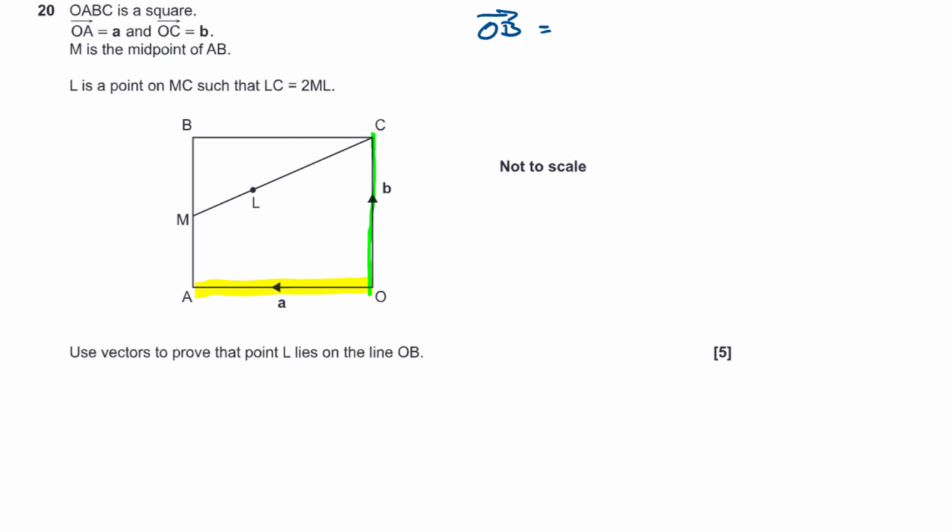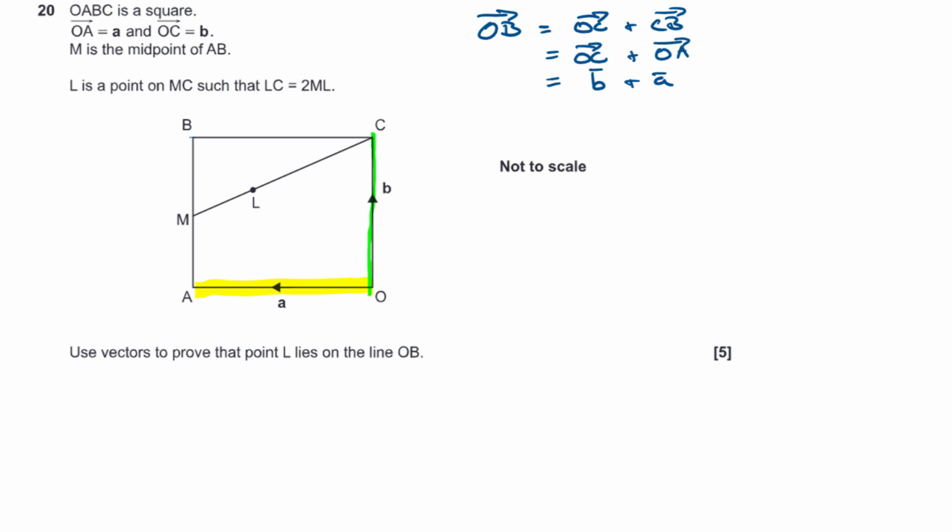Well, if I want to get from O to B, I need to go along B and then across A because it's a square. So I know that CB is going to be the same thing as OA. So I can say that O to B is the same thing as O to C plus C to B, and that is the same thing as O to C plus O to A because it's a square, which is simply B plus A, isn't it?